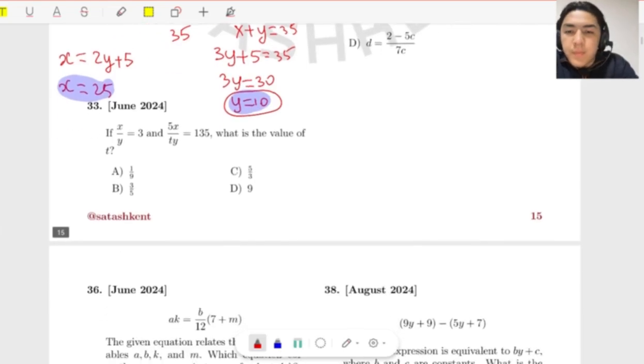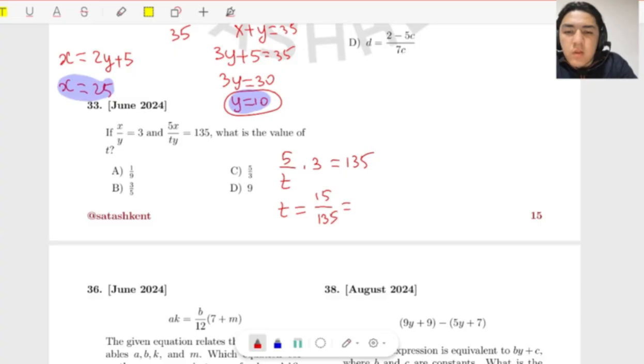Question 33. X over y is 3 over 5, then I can write it 5 over t, multiplied by 3 is 135. Then guys, t will be what? 15 over 135, or like 1 over 9.